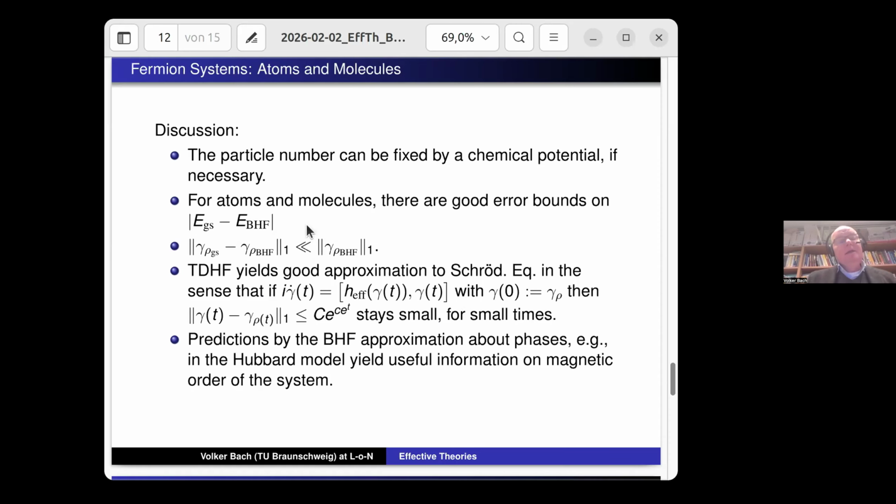So they can push the correction to the next term in the expansion of the energy.